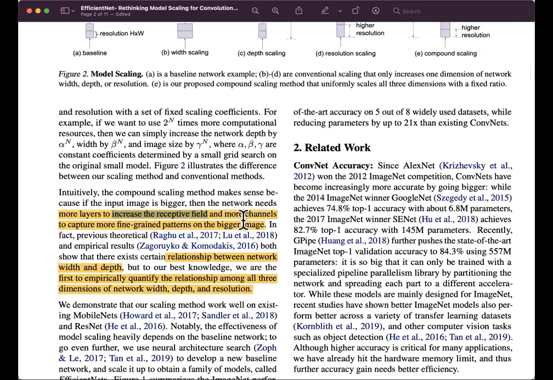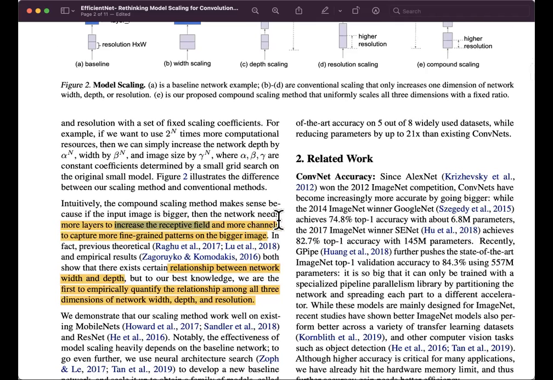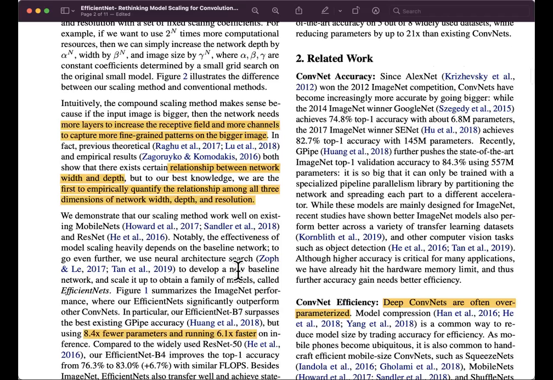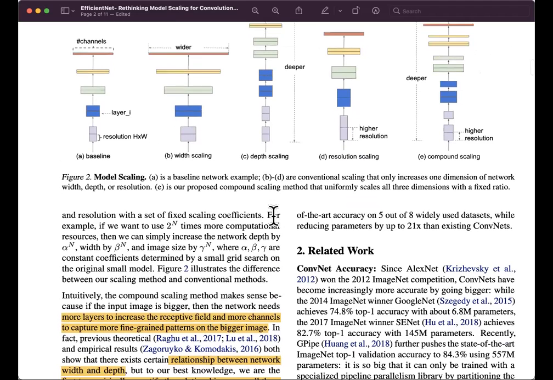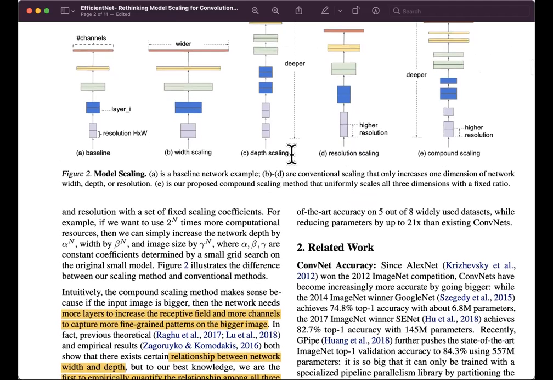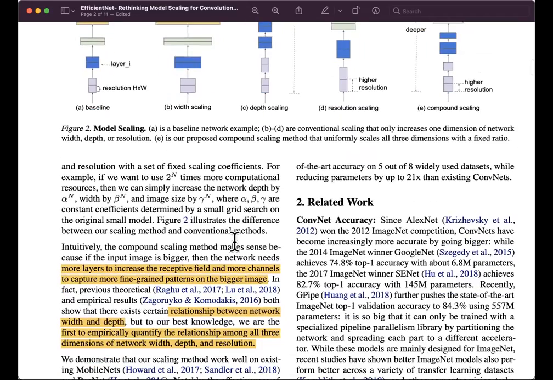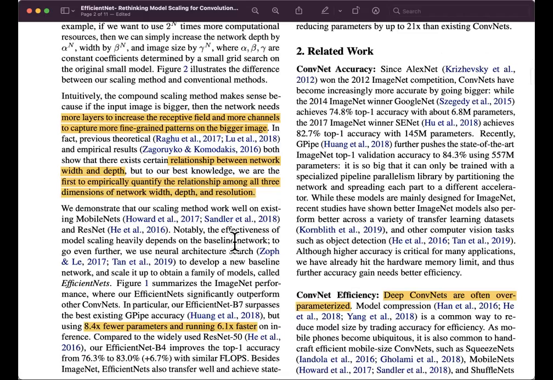We also need more channels, which is width, in order to capture more fine-grained patterns. That's why it's best to use compound scaling, because of this kind of relationship.